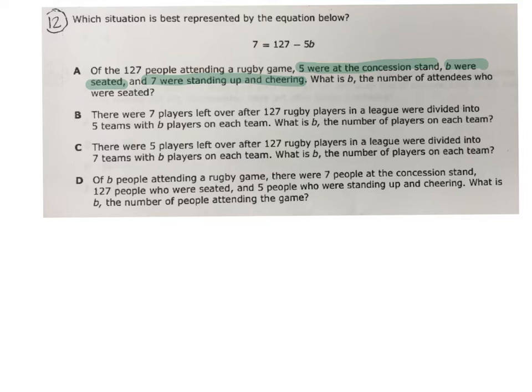If you interpret this right, all you're doing is adding the people that are standing with the people that are seated with the people that are cheering, and you're just adding that up. It has nothing to do with subtraction. If you look at B, it goes on to say 7 players were left over. Well, that's a good sign for that -7.